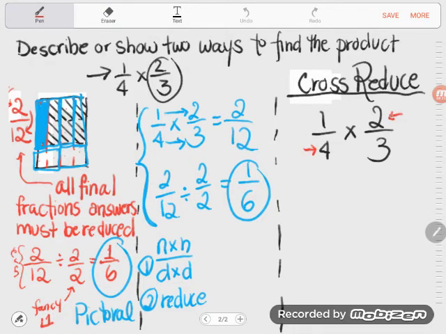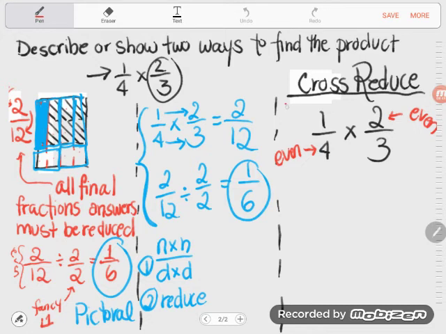And look what I see. 4 and 2 are both even. Now see, 1 is in the numerator, it's up top. 1 is in a denominator, it's on the bottom. As long as 1's on the top and 1's on the bottom, you can pull out any common factors before you even multiply. And so that's what I'll do. Both 2 and 4 are divisible by 2, so I'm going to divide out the 2 they have in common.